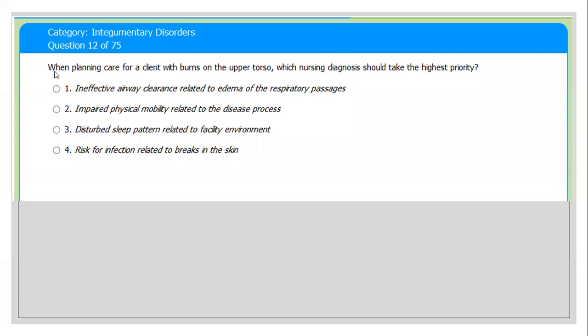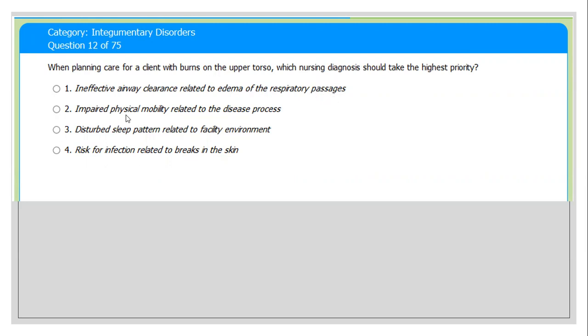So, question here: when planning care for a client with burns on the upper torso, which nursing diagnosis should take the highest priority? Number one, ineffective airway clearance related to edema of the respiratory passages.